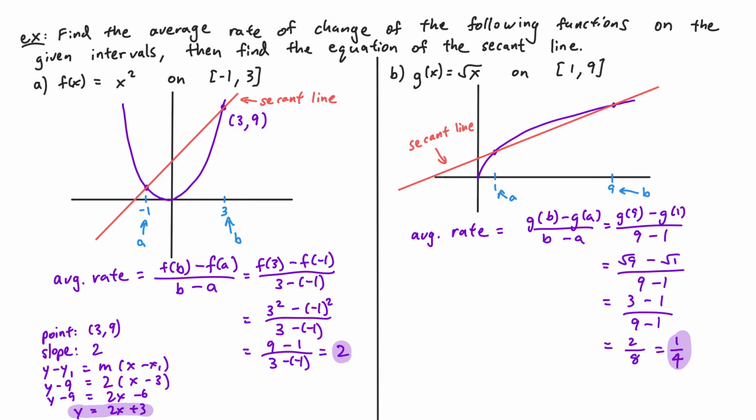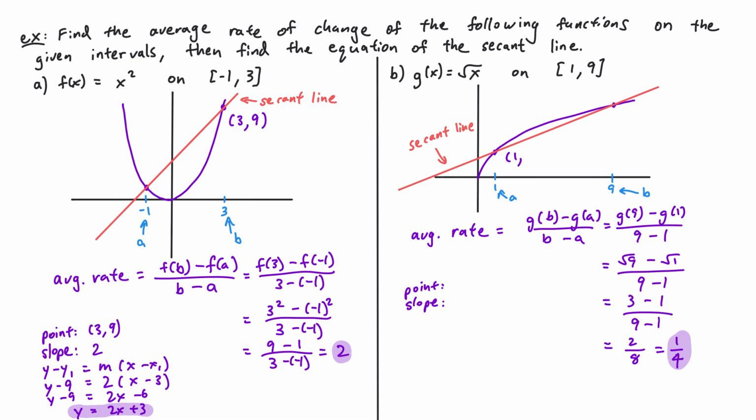Now that we have our average rate of change, let's find the equation of the secant line. Again, if I want the equation of any line, we need a point and we need a slope. For our point, we can choose either the point at x equals 1 or x equals 9. This time, let's choose the point at x equals 1. We know that the x-coordinate here is 1.